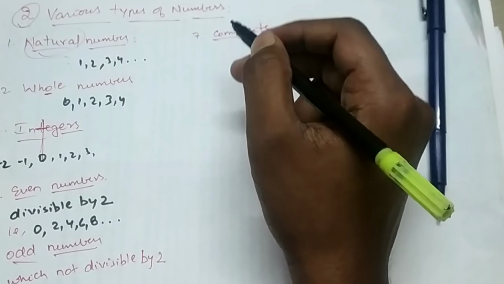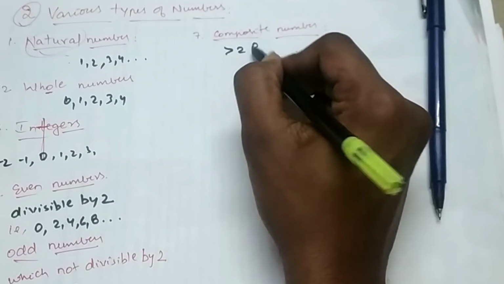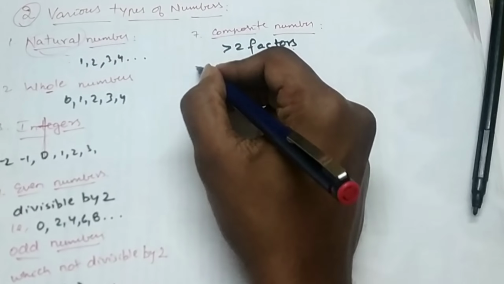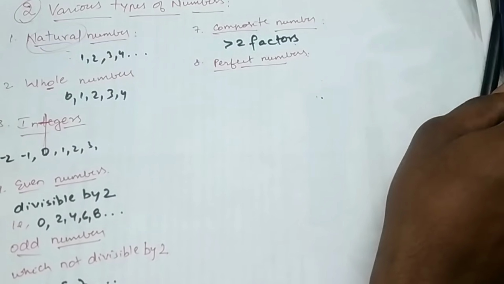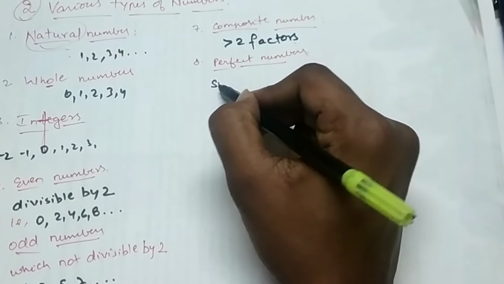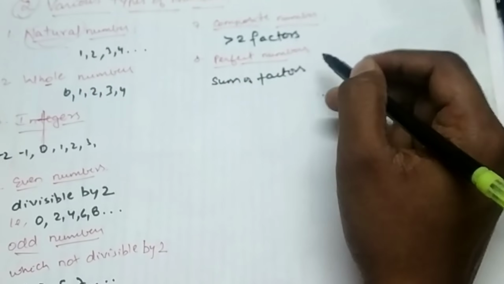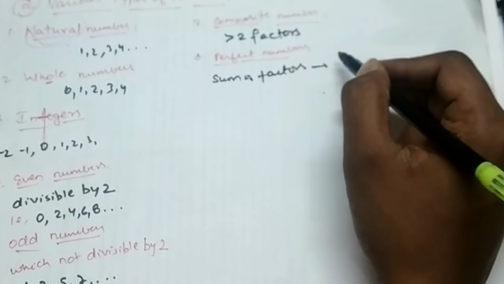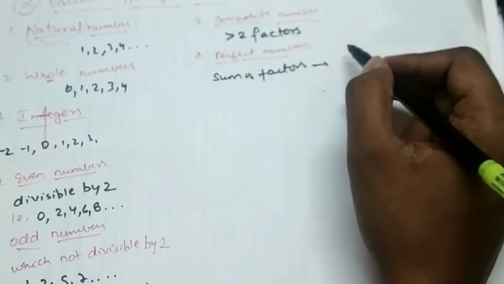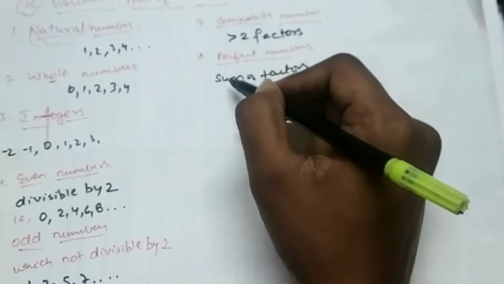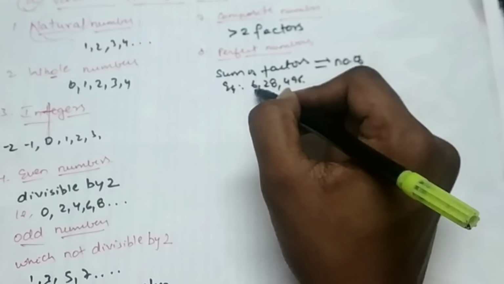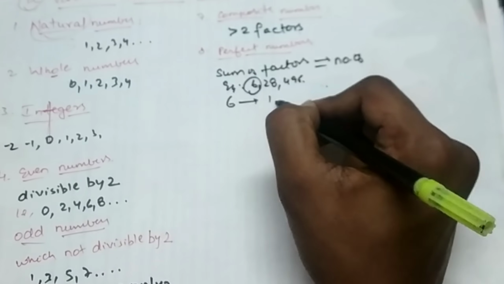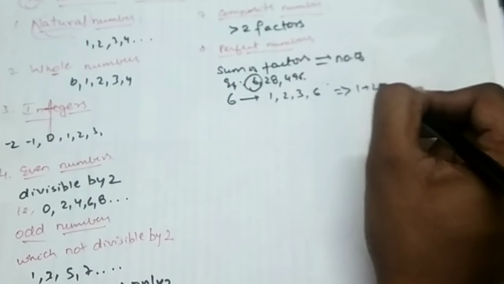So let's see composite numbers. Those which are not prime numbers are called composite numbers, so they have more than 2 factors. And let us see perfect numbers. Perfect numbers are those where the sum of the factors equals the number. Examples are 6 and 28. If we take the number 6, the factors are 1, 2, 3 and 6.